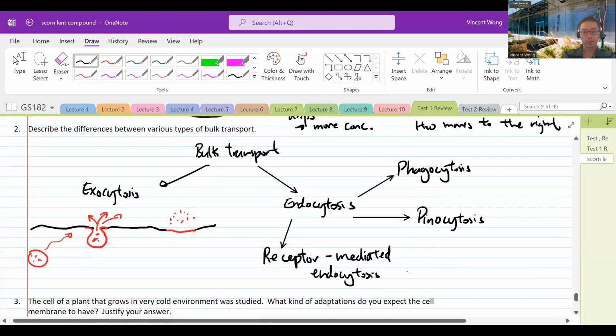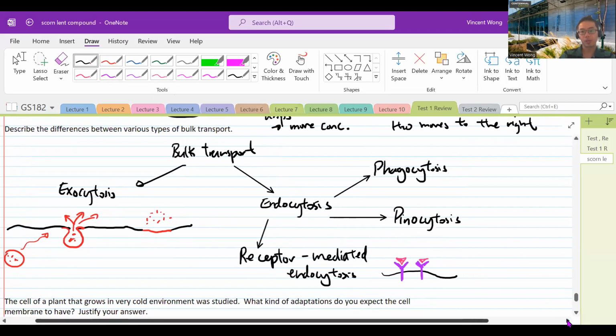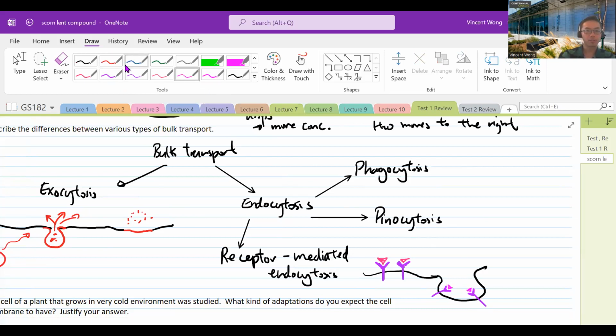So, there's your membrane again, but this time you're going to have some special receptors on the surface. Whatever you're trying to bring in has to fit the receptors. So like these circle things, if they touch the receptor, nothing will happen because they don't match. But if we have these triangle things, once one binds to the receptor, it will trigger the surrounding area to cave in like that, along with the receptors and the triangle stuff.